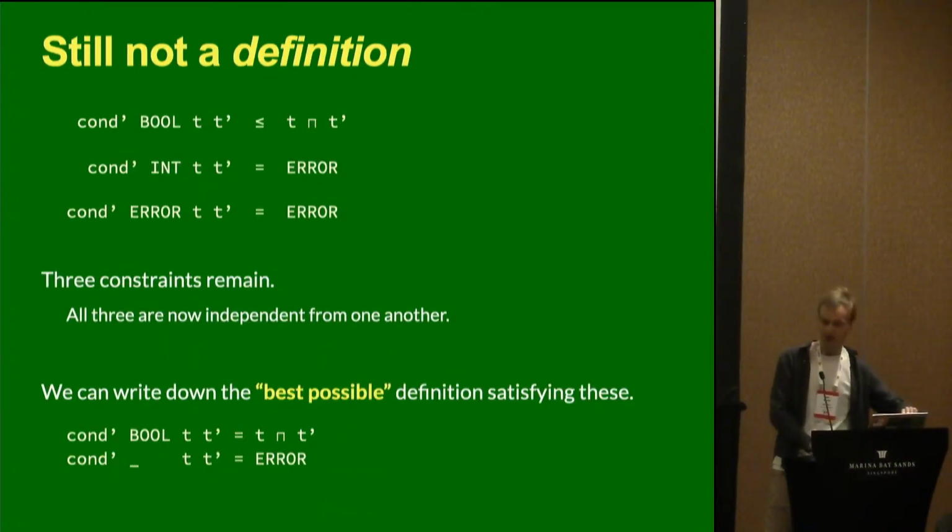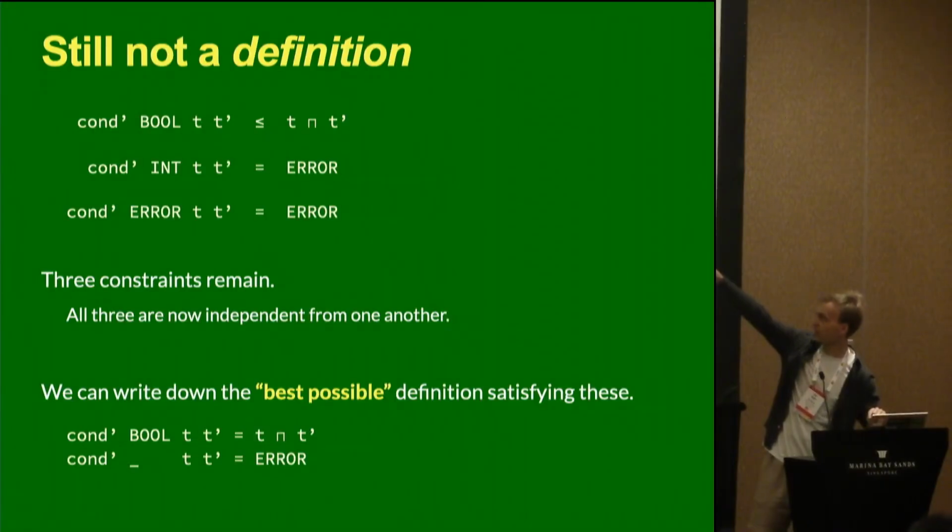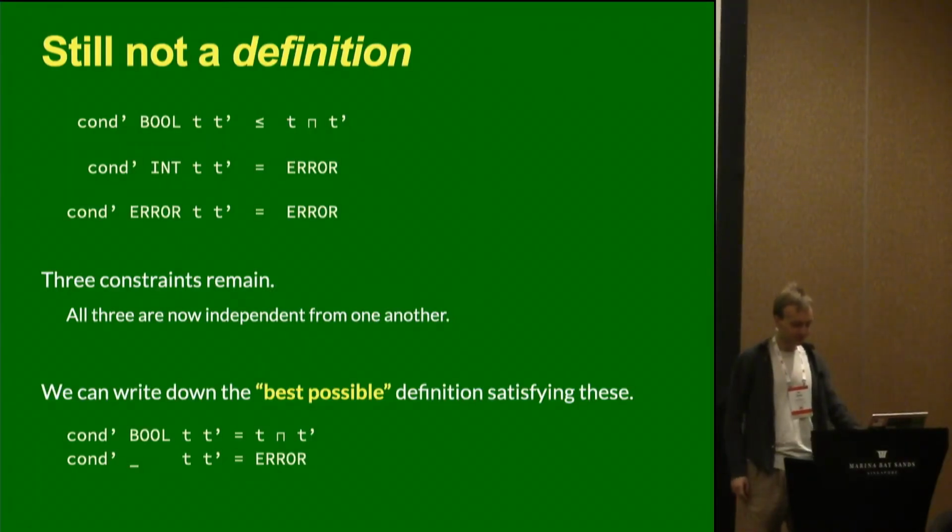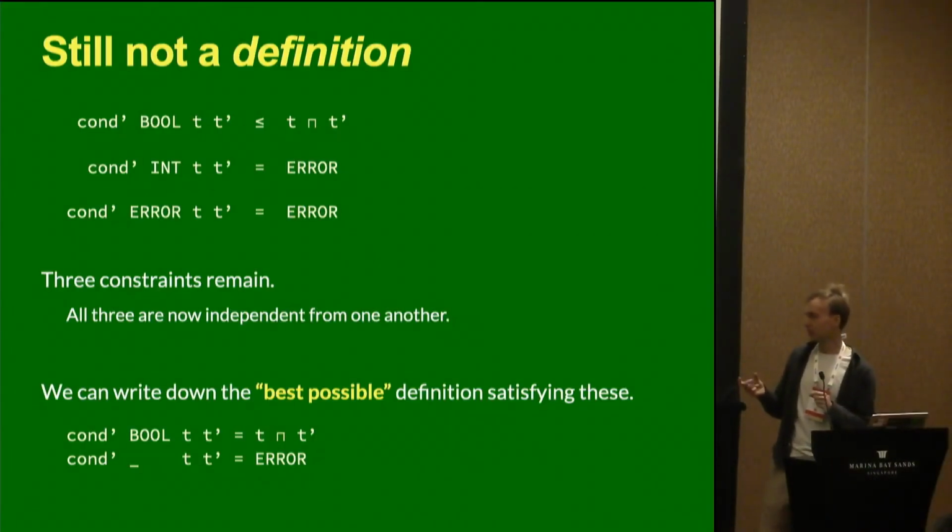So here, where we have this inequality at the top, which is con prime bool t prime is less than t greatest lower bound t prime, what we do is we just turn this into an equals, and this is the greatest possible because any other thing that satisfies this would have to be less than that.